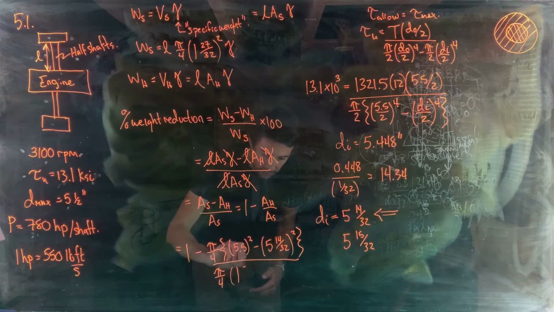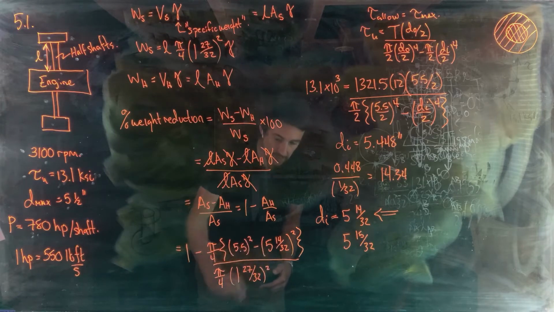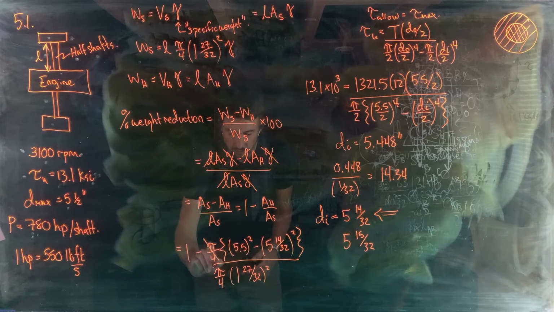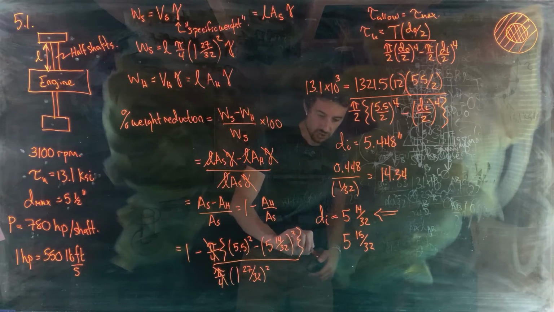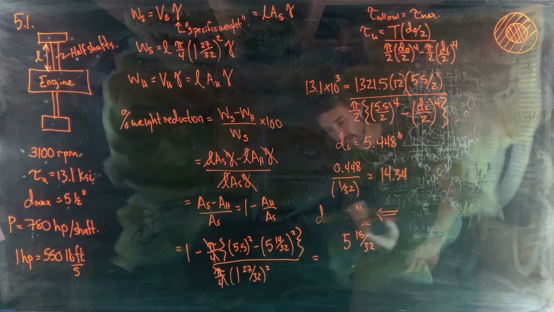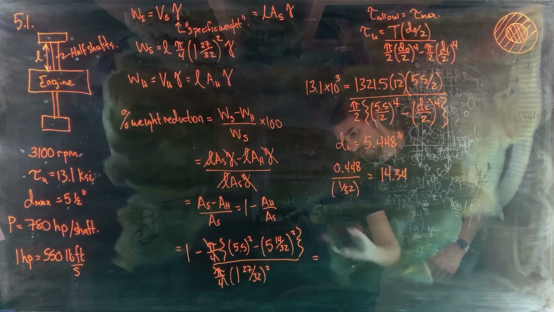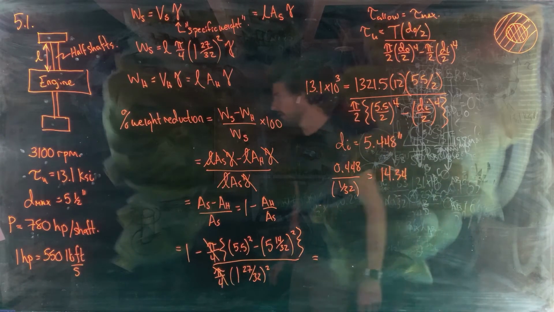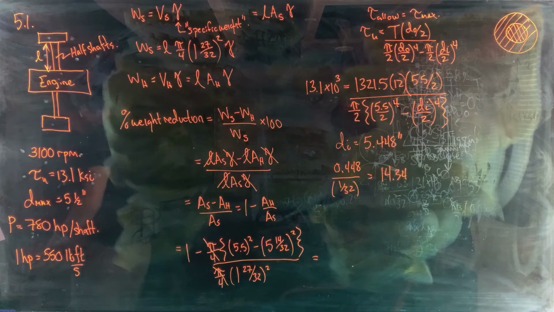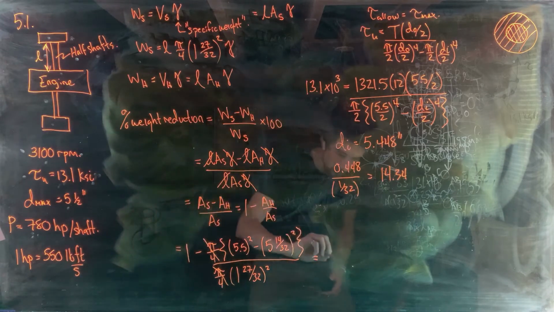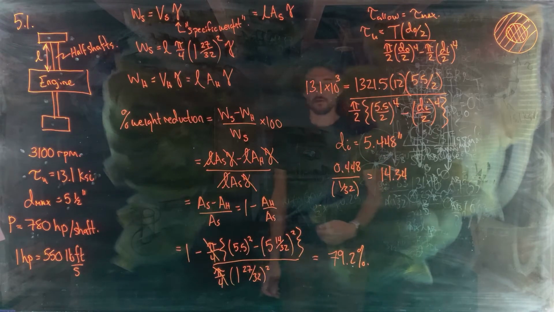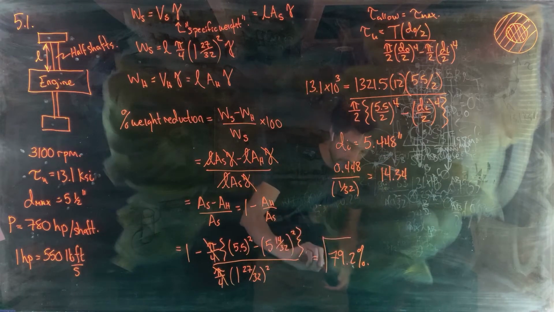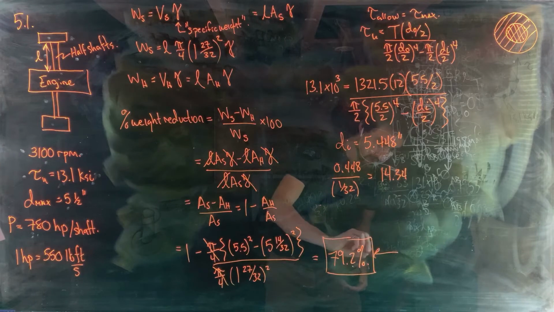So we had 1 and 27/32 for that, and square that. Okay, cancel off those. And doing that calculation gave me, what did it give me? 79.2%. Right, and then that would be the final answer.